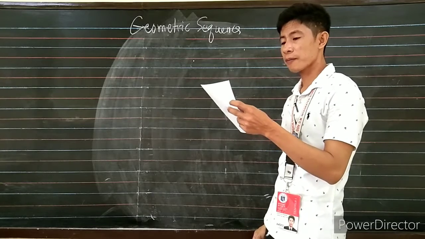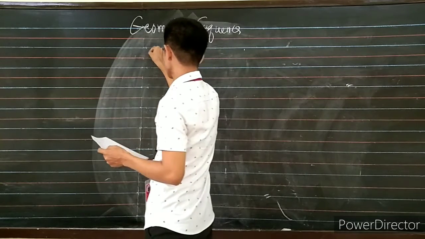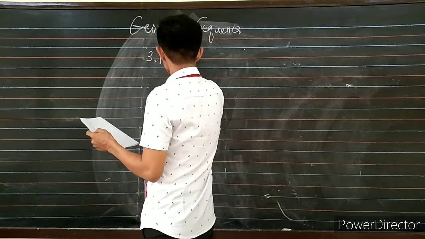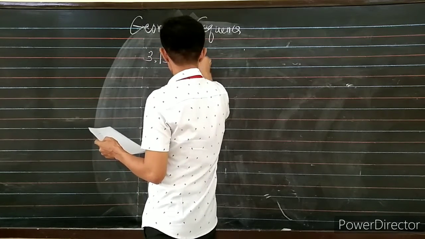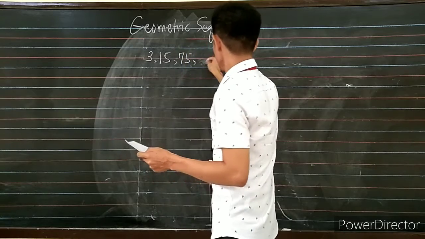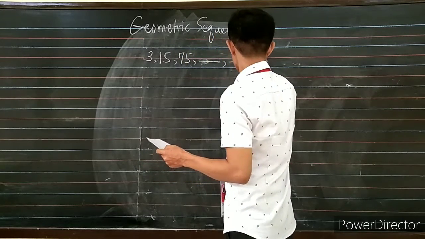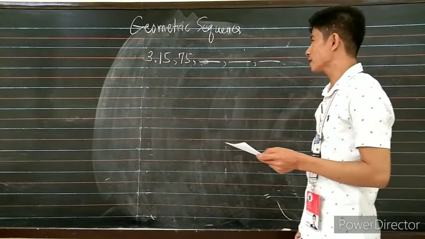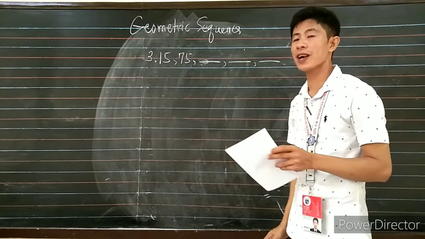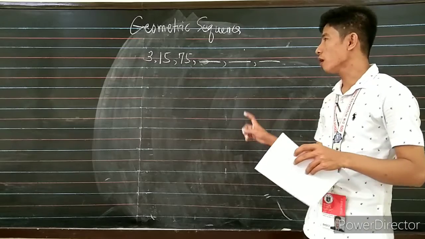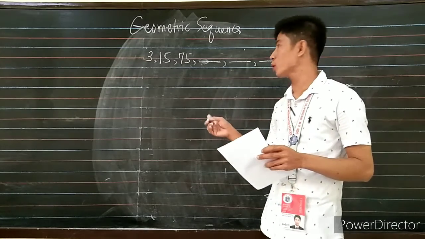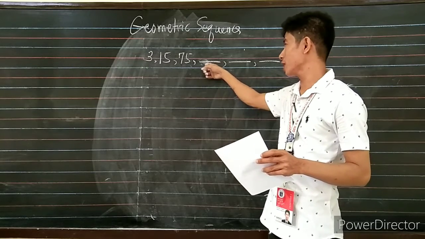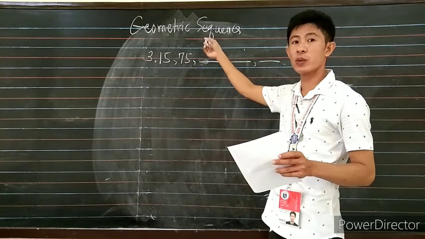Okay, we have 3, 15, 75. We have the sequence 3, 15, 75, and all you need to do is to determine whether this sequence is a geometric sequence.